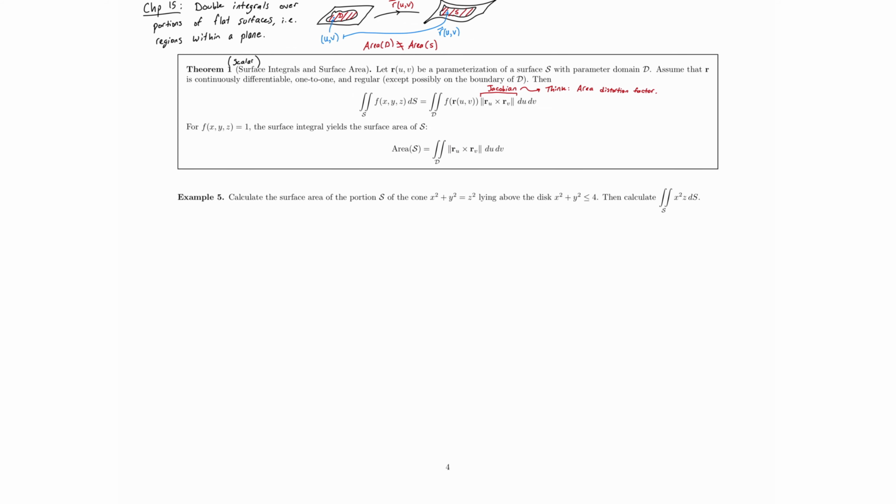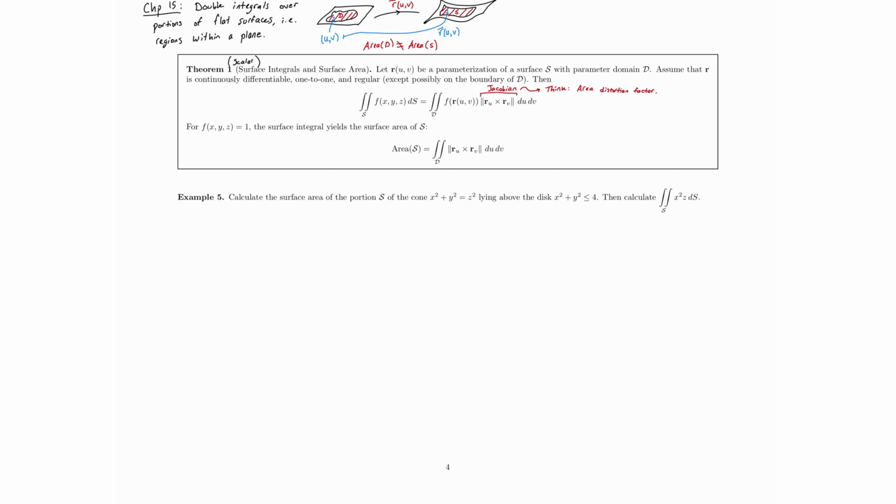Okay. Lastly, before we move on to the next example and then the next video, is the same result that we've had all along the semester. Whenever you do a certain type of integral of the constant function with value 1, you get back something very important geometrically, something intrinsic to the surface over which you're integrating.